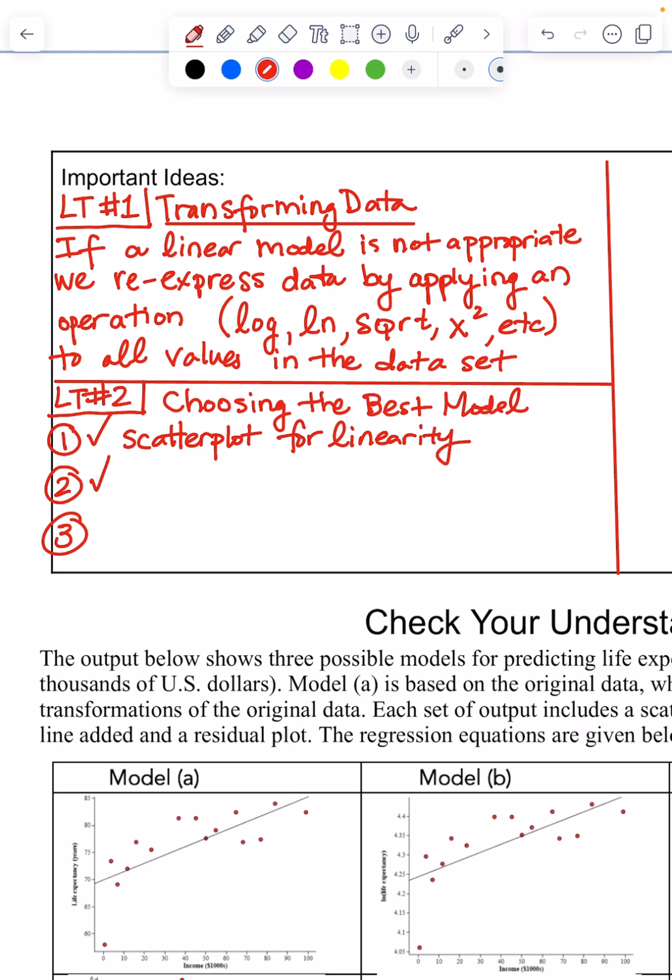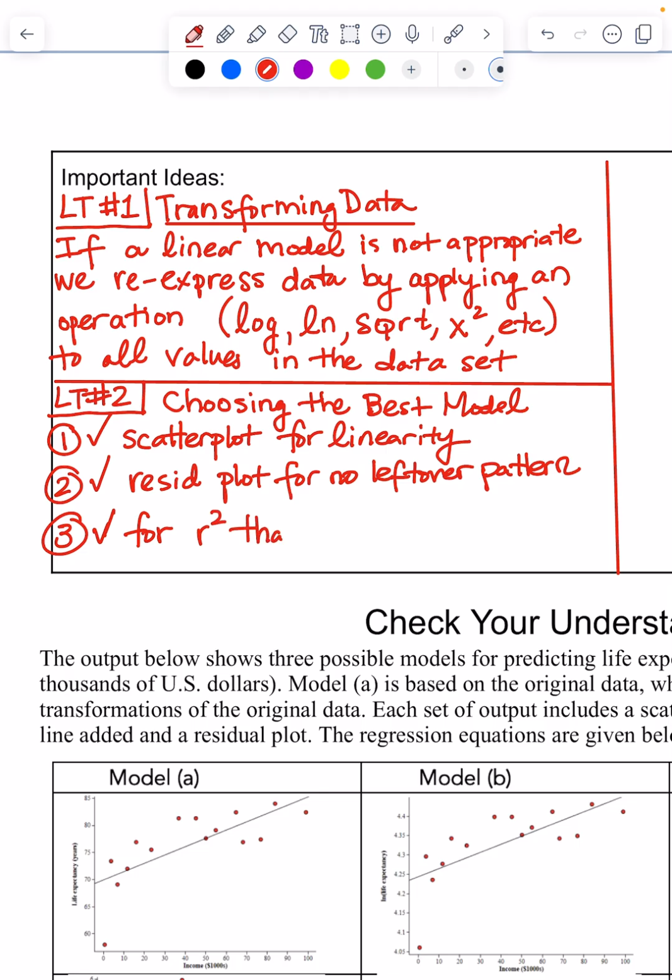We can also check the residual plot to make sure there's no leftover pattern. Look for the one that looks the most randomly scattered. And we can check our R-squared value, looking for the one that is closest to 1.